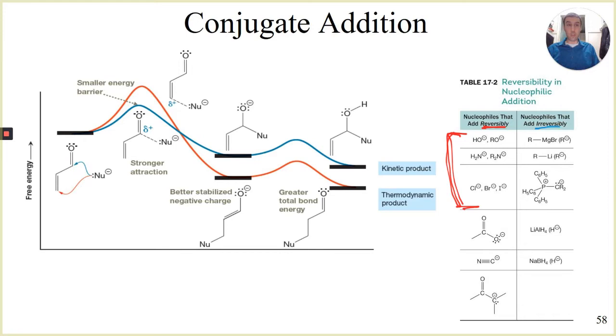The irreversible ones were all carbons and hydrogens, because carbon and hydrogen can't stabilize the electrons of that negative charge very well because they're small and low in electronegativity. There were some exceptions. Because that one is an oxygen, we could include that one. We talked about cyanide being an exception, the Gilman reagent being an exception, and one that we didn't explicitly talk about is here at the bottom.